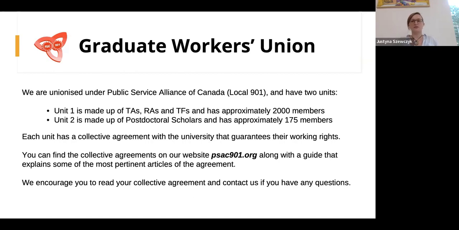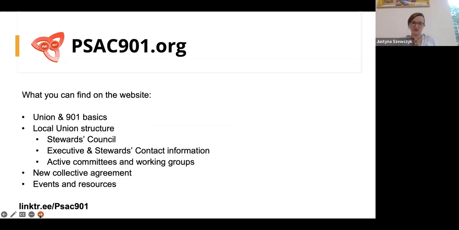I'll also mention that the current collective agreement is a result of bargaining that we just finished in the past winter term. So recently we've made some gains, of which I will talk in a moment. So this is our new and great collective agreement. I mean, there are still things we can do better, but that is up to you to also work out what you want as student workers.